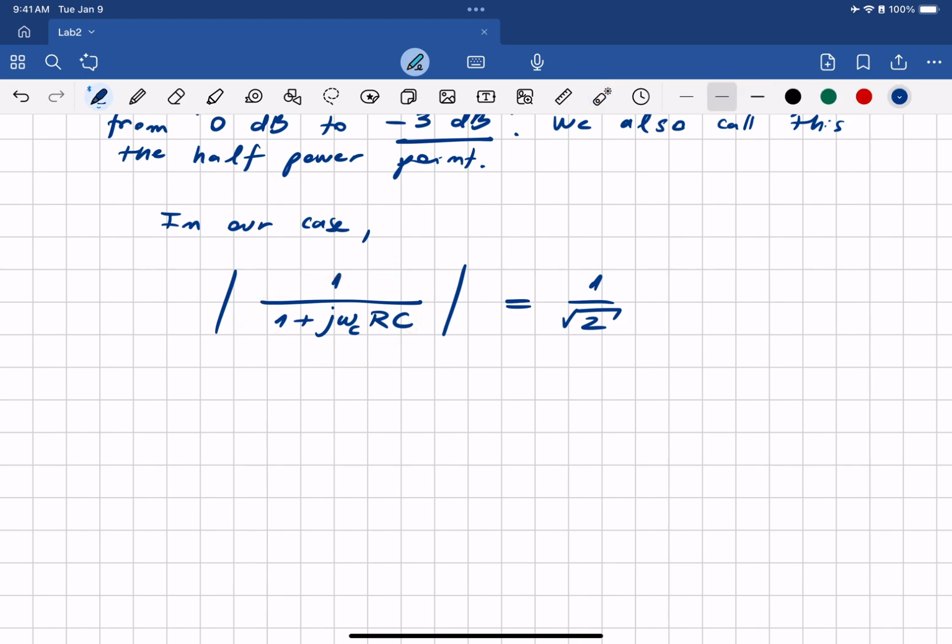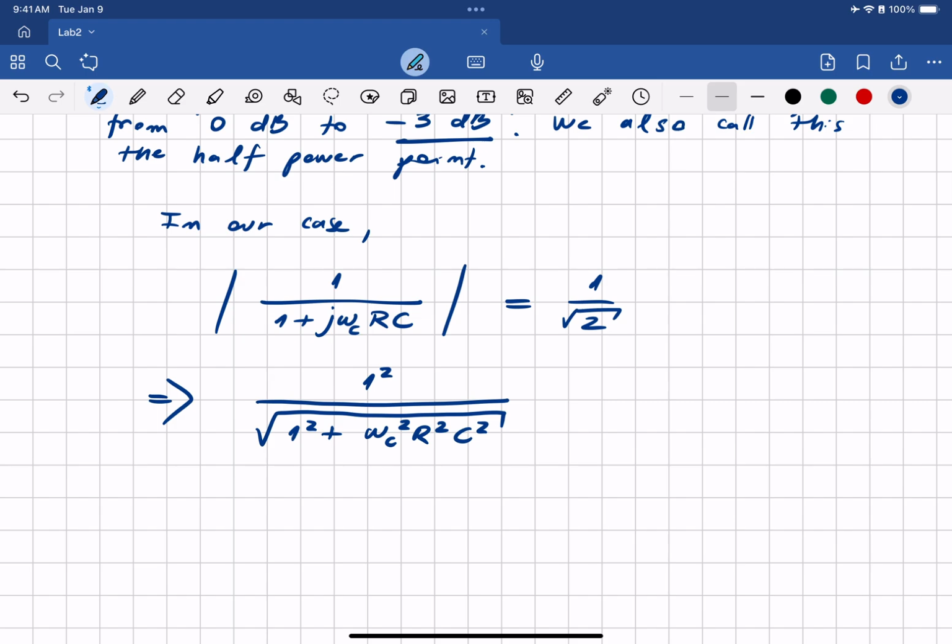Essentially the amplitude of this phasor will be the square root of 1 squared over 1 squared plus omega c squared R squared C squared.